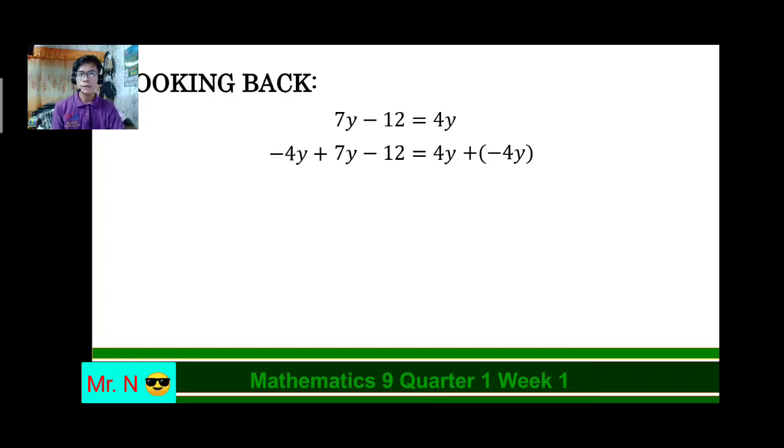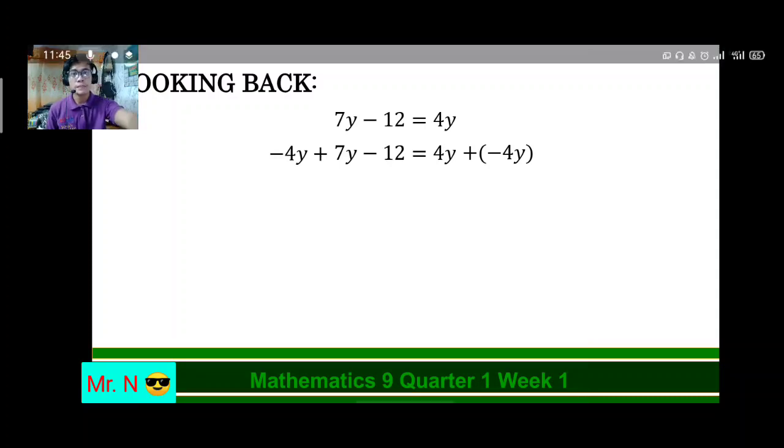And now let's simplify by combining like terms. Negative 4y and 7y both have variable y, so we should combine them. Negative 4y plus 7y, as you can see, they have unlike signs, so we should subtract. 7 minus 4 is 3. And between the two, which has the greater absolute value? Very good, 7.